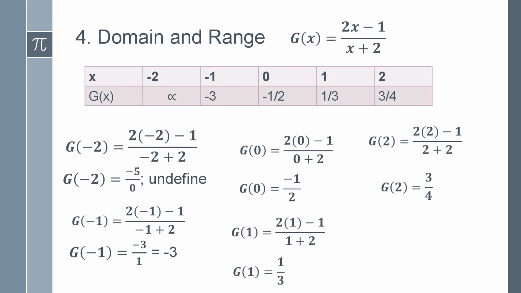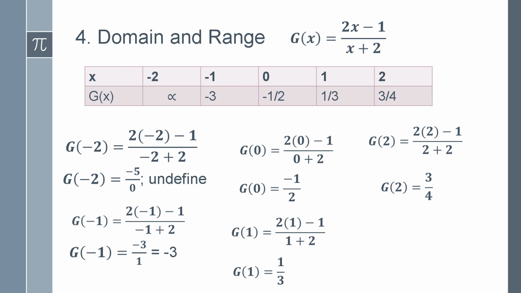And then, the last one, the domain and range. So, dito, may table dito na may x values of negative 2, negative 1, 0, 1, and 2. All we need to do is substitute those x values sa rational expression na (2x minus 1) over (x plus 2).